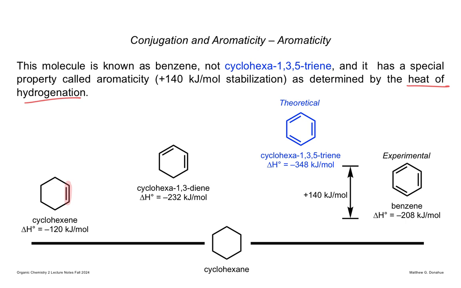If we do an addition reaction to that, so we're going to take hydrogen gas, palladium metal absorbed on charcoal, in methanol, and we just add H2 to that, we get cyclohexane. And then we can measure the heat that's evolved, so negative 120 kilojoules per mole.